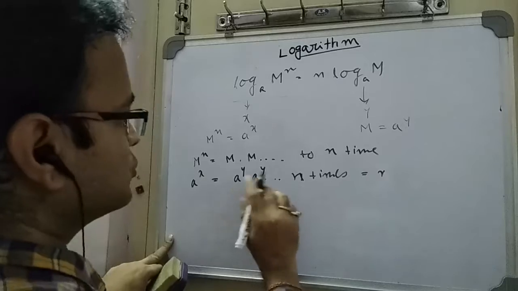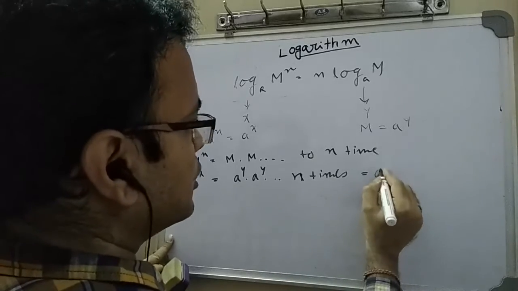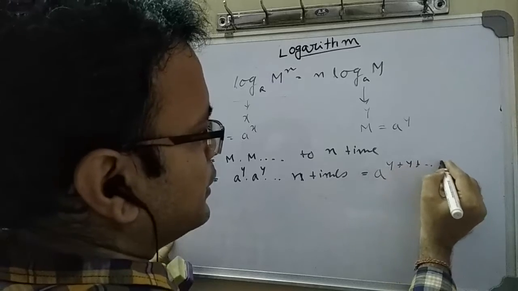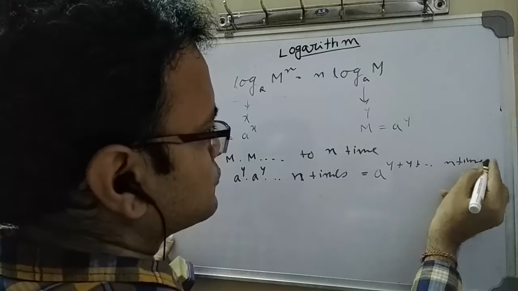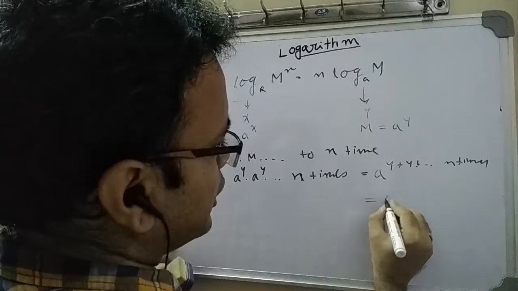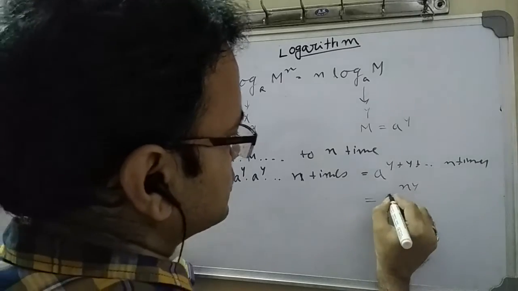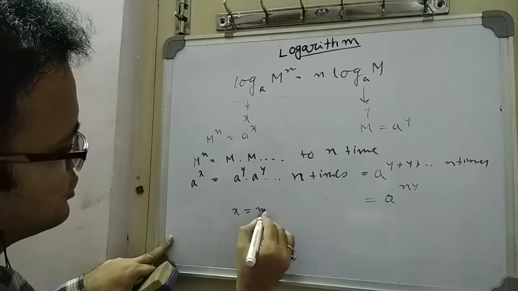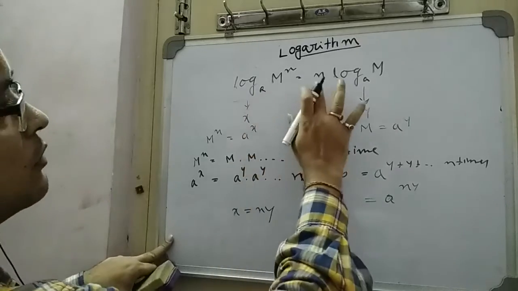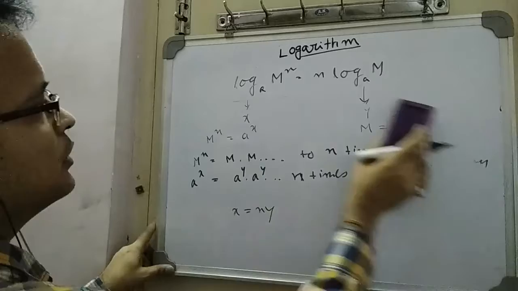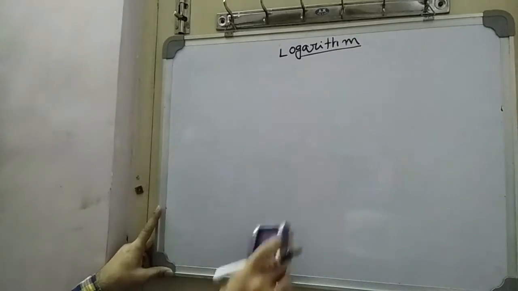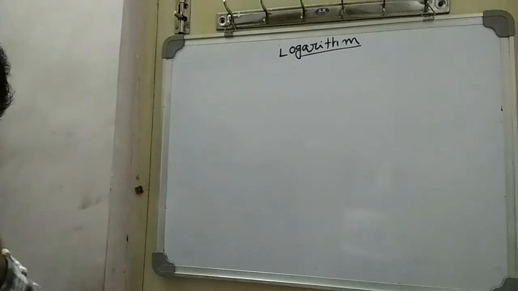The power y would be added n times, so a to the power ny. So a to the power x equals a to the power ny. So x becomes ny, x equals n into y.